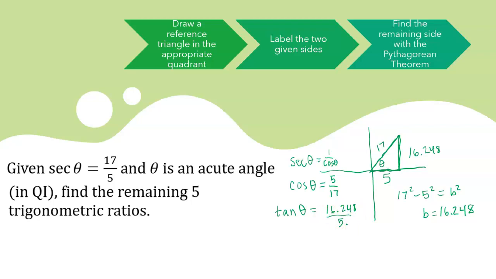And then I can also figure out the other ones because I know secant. And then I can figure out sine of theta is going to be opposite, 16.248, over hypotenuse. And then all of those reciprocals I can also figure out. I was in quadrant 1, so I know that everything was going to be positive.